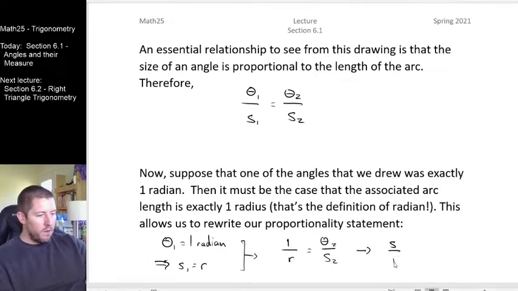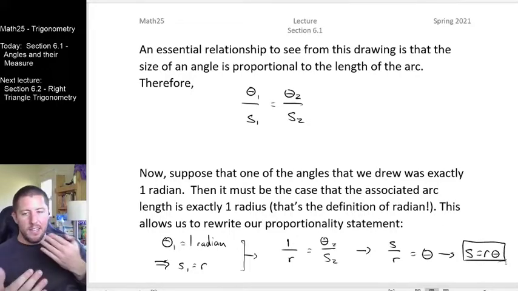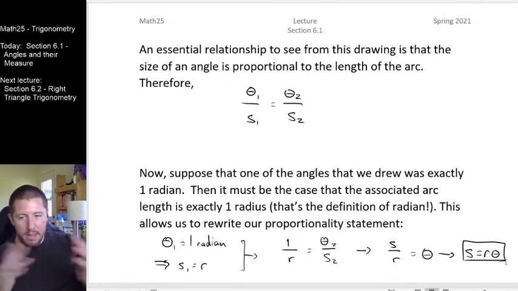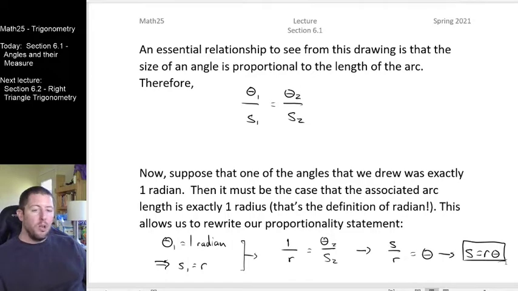I'm going to get S over R equals theta. And then I'm going to go ahead and multiply my R over to the other side. S equals R theta. I did drop my subscripts of 2, but that's because I didn't need to distinguish between my two thetas and my two S's anymore, since I called one of them 1 and R. And so just by doing a little bit of math, this formula now should give us our specific relationship between amount of arc length, amount of angle, and radius of the circle.